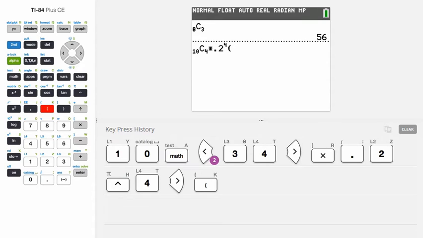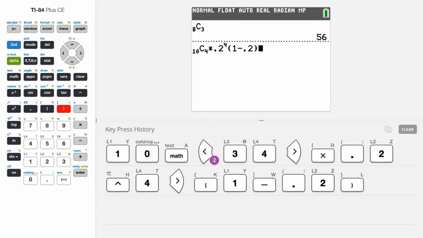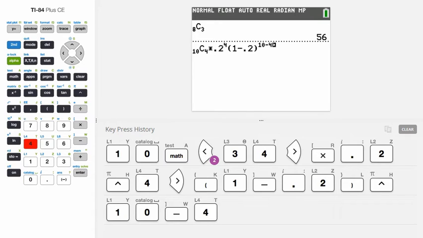You can either type in 1 minus 0.2, or you can simply type times 0.8, exponent, and then we can type in 10 minus 4, or just 6. Enter, and we get 0.088 when we round to 3 decimal places.